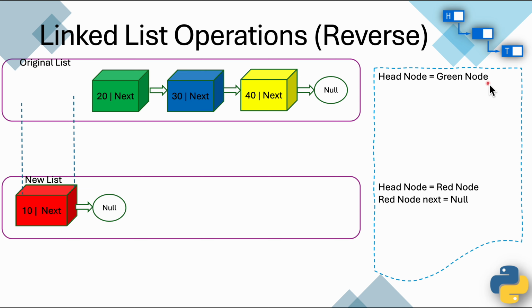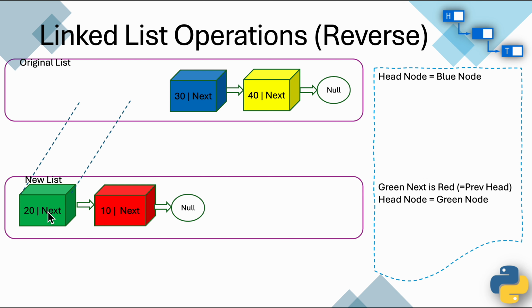Yeah, let's pick the green node and put it into the new list. Yes, I have picked up the green node and put it into the new list, and the original list head node I updated to the blue node, and the new linked list head node will be the green node.